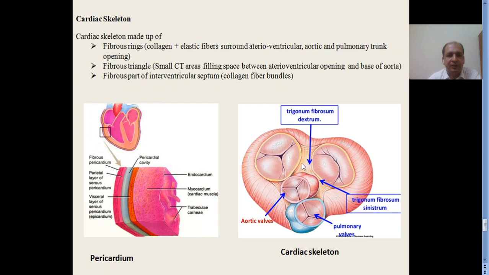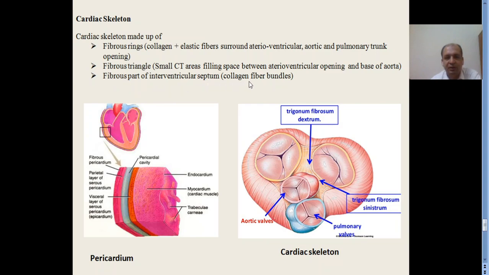And the third part is the fibrous part of the interventricular septum. Basically this one is the cross-sectional profile from its superior view. We cannot see the longitudinal. If we cut longitudinally through the heart, then there is the fibrous part of the interventricular septum.